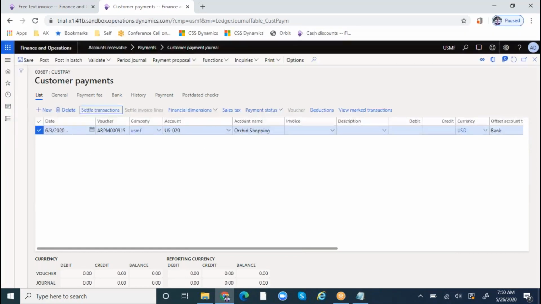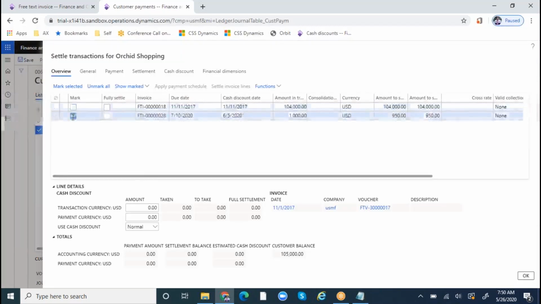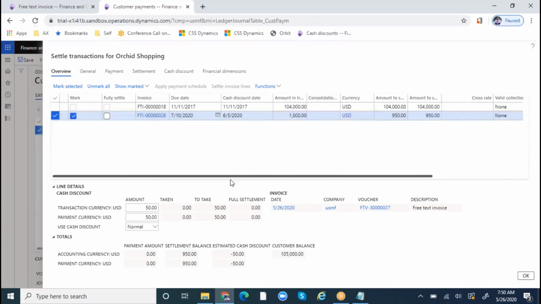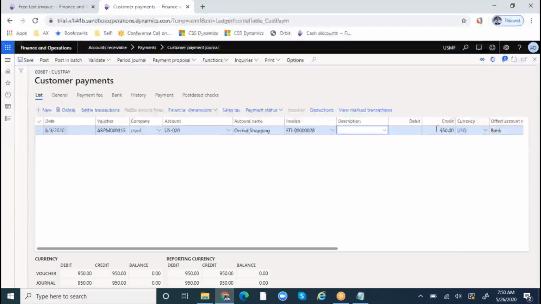Customer is paying on 3rd June. If you select 3rd June here, click OK. Still it is showing 950. Now delete this one.